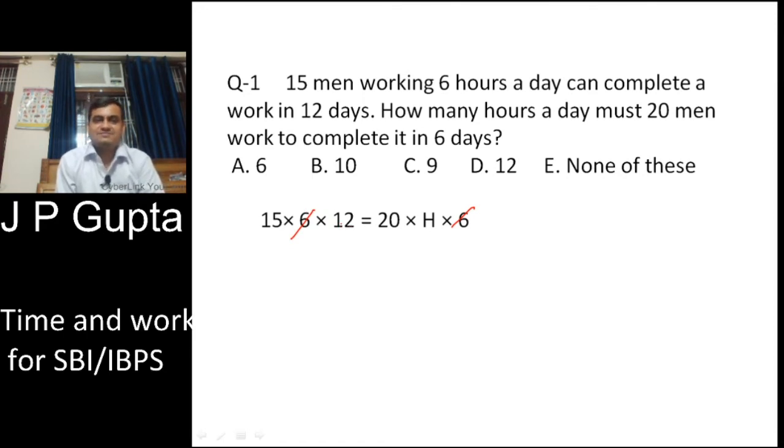What is common? 4 is common in 12 and 20. So 4 3s are 12 and 4 5s are 20. Now 5 will be cancelled out by 15, so 5 3s are 15. So effectively this 3 into 3 will be the right side hours. So the answer for this question is 9 hours.